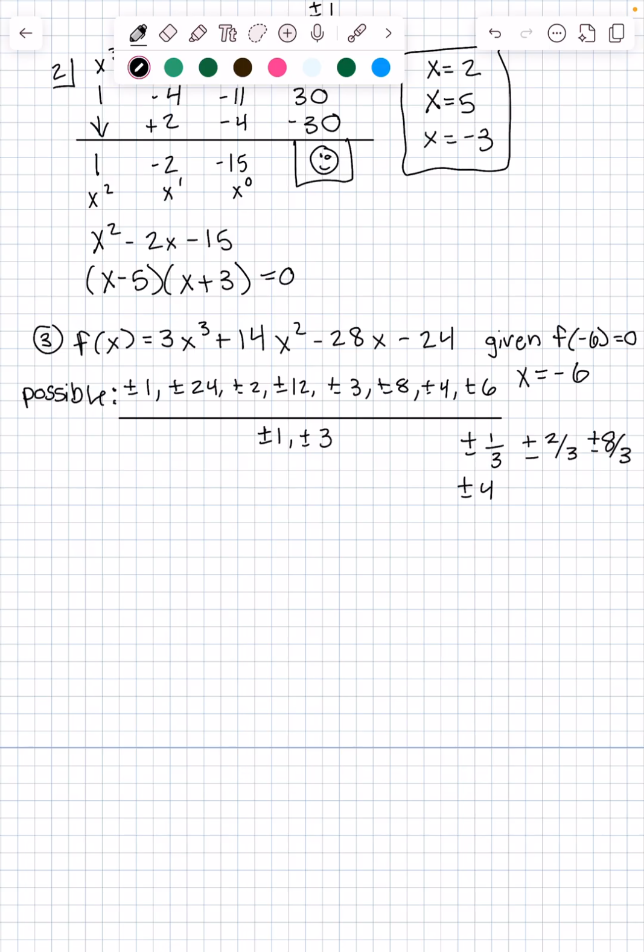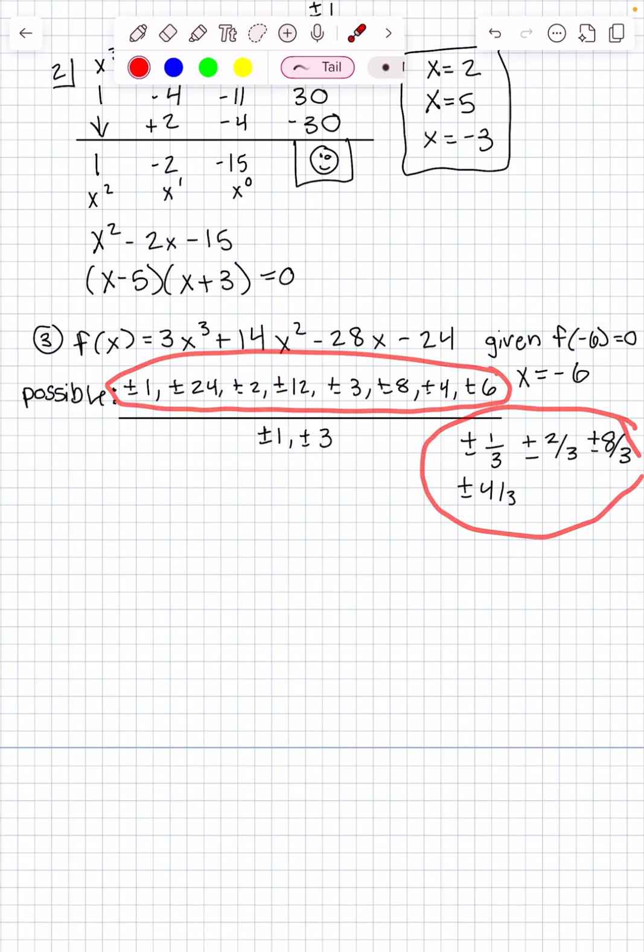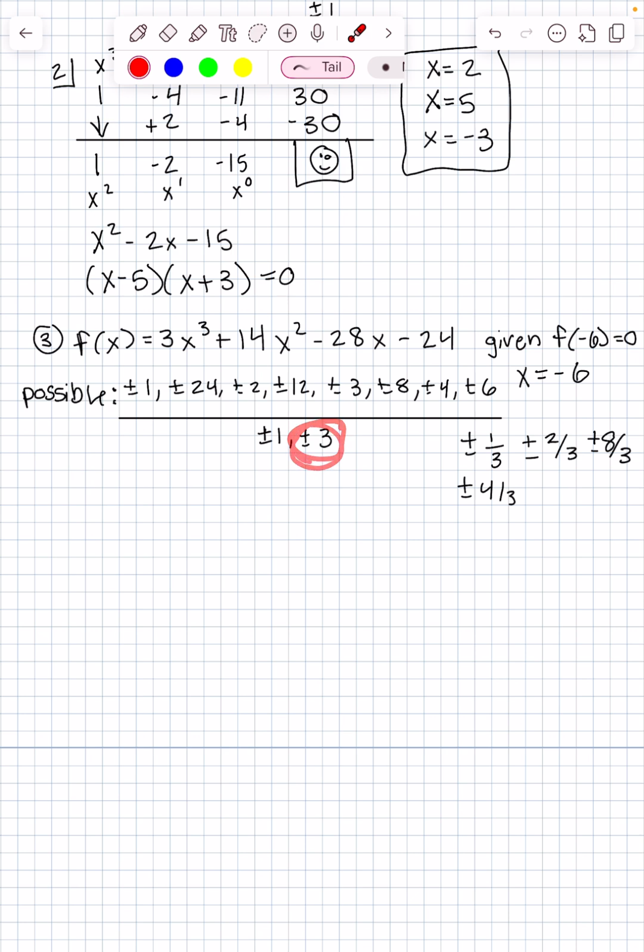Plus or minus 4/3. And then 6 divided by 3 is 2, so we already have that. So our possible zeros are now all of these numbers plus all of these, because we have this other number in our denominator, okay? But since we're already given that -6 is one of our solutions, that helps us out a lot, which means we're just going to plug -6 into our synthetic division to start.